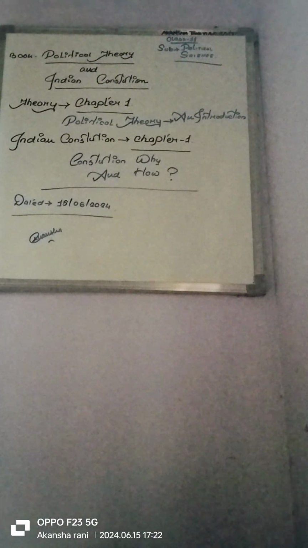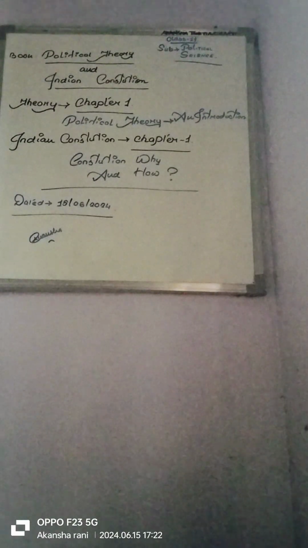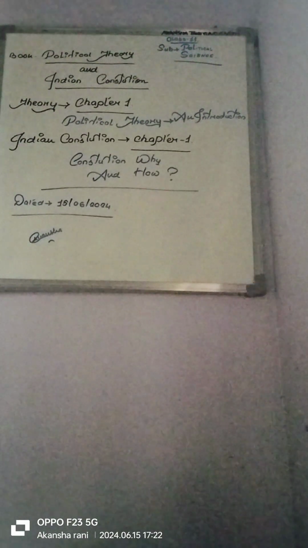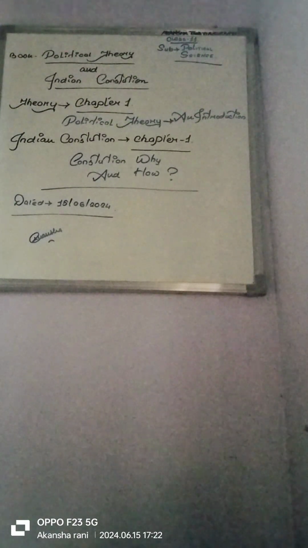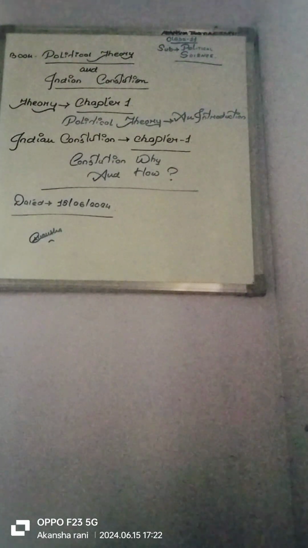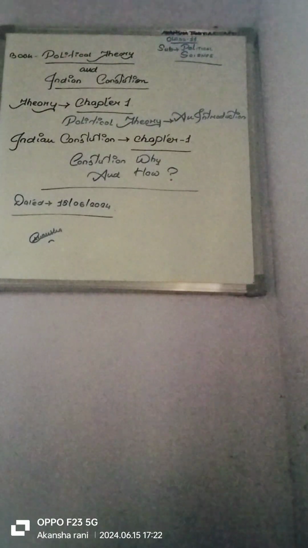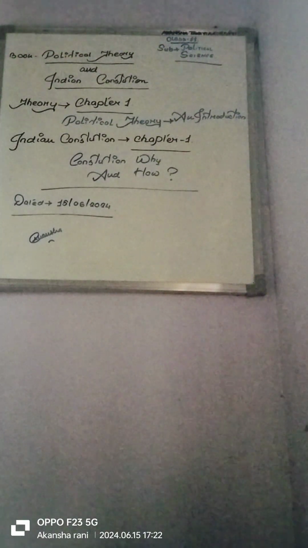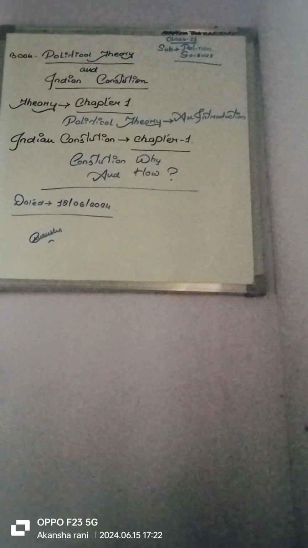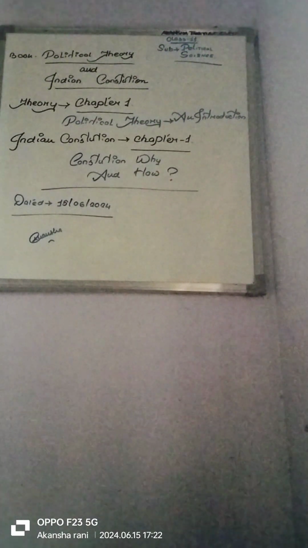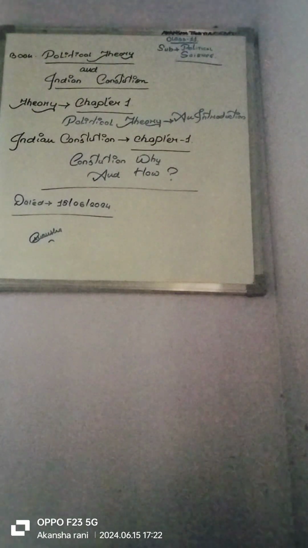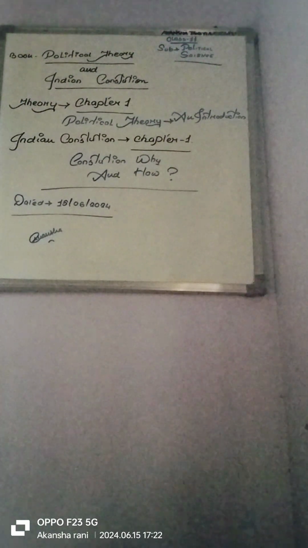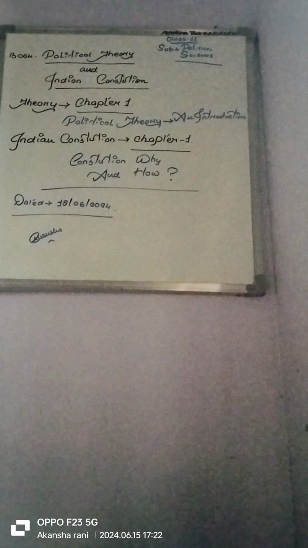Right to freedom of religion is from article 25 to 28. Cultural and educational rights, article 29 to 30. Right to constitutional remedies, article 32.